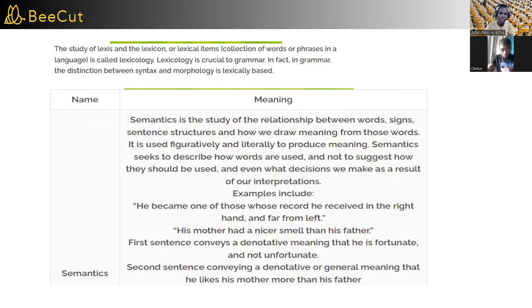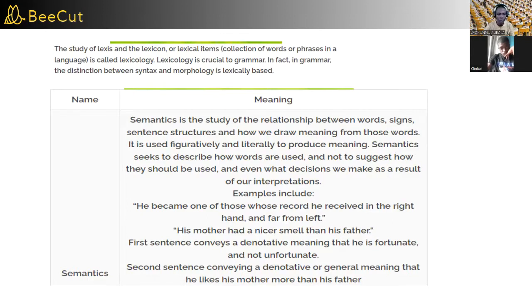Semantics seeks to describe how words are used, and not to suggest how they should be used. It describes how they are being used, and even what decisions we make as a result of our interpretation.